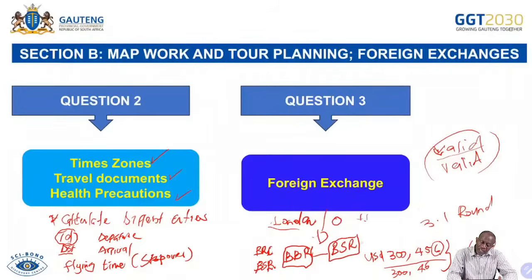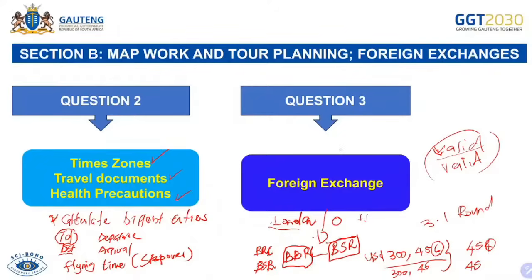In short, when you want to exchange your rand to foreign currency, the bank will use the bank selling rate. But when you sell foreign currency back to the bank, the bank will use the BBR. Please make it a point that you apply the correct rate.